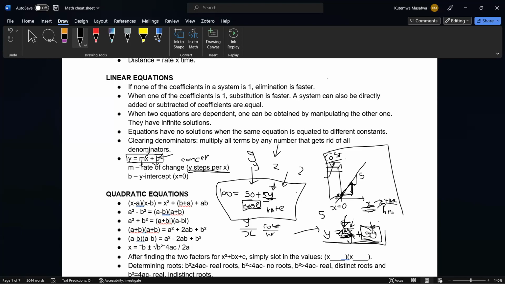So 50 stays no matter what. 50 is like the amount that you pay for you to even get into the place where the boat is, right? So you pay 50 first. 50 is your base payment. It's like your down payment. So you pay the 50, and then you're going to add 5 for every X, the number of hours that you spend. So if it is 1 hour, we would have 55.